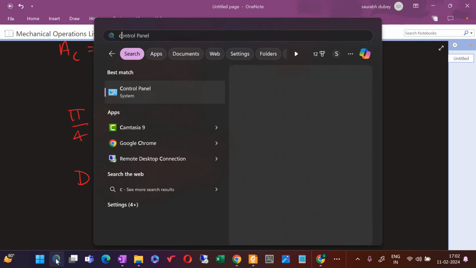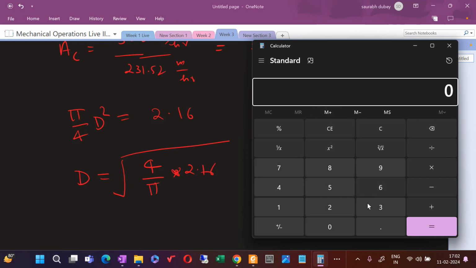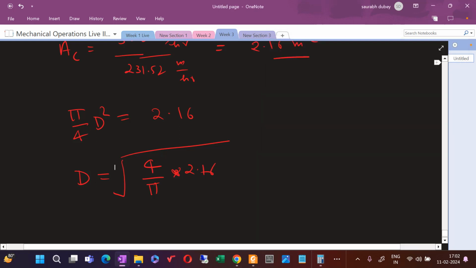So let me take the calculator. 4 divided by 3.14 multiplied by 2.16. You just take the square root of the same. So this comes out to be 1.658, or 1.66 meter.